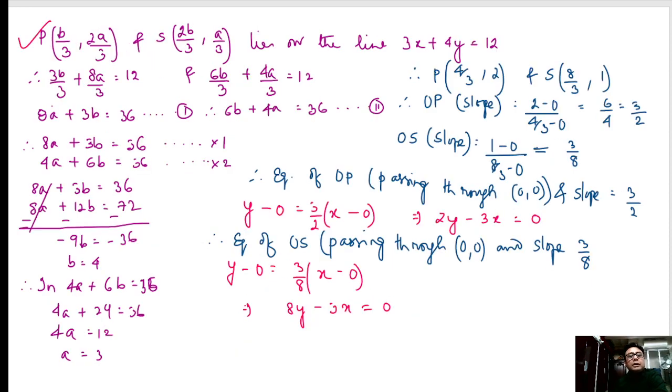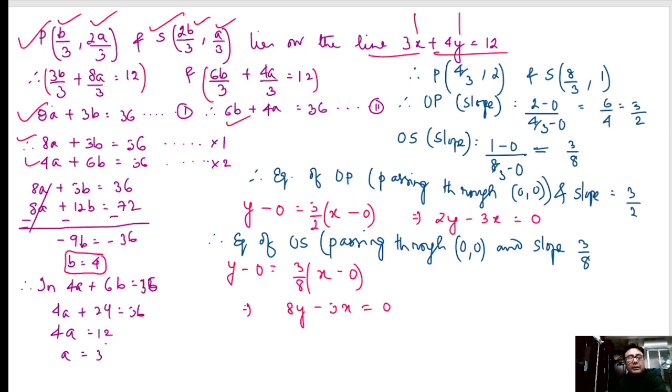This is the coordinate of P, this is the coordinate of S, and P and S lie on the line. So instead of x and y, we can put these coordinates, and the equations become these two. Simplifying, we get the first equation and the second equation, and on solving them we get the value of b, and then we get the value of a.